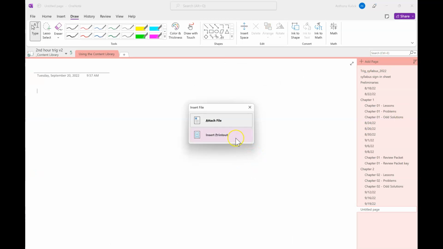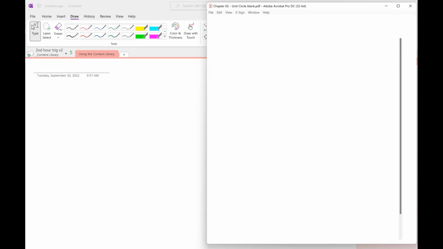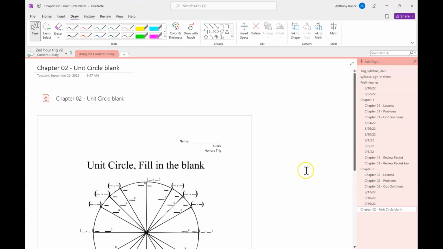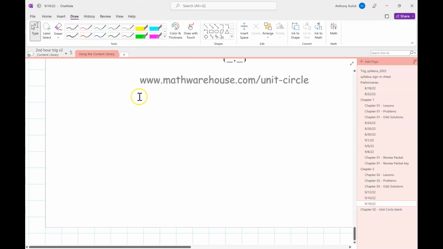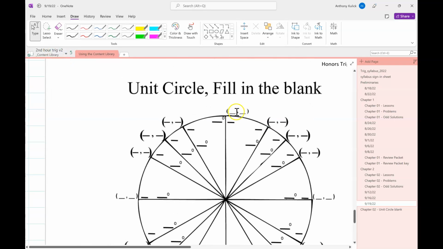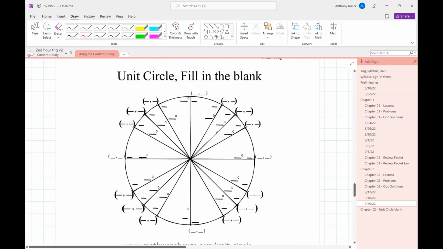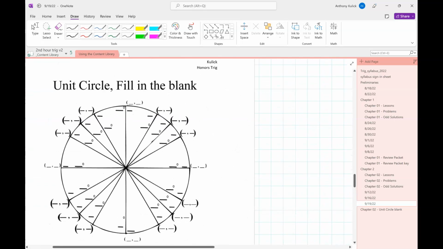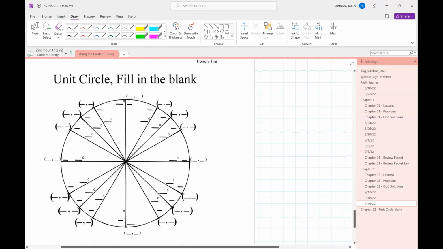So I'm going to drop one of these blank ones that we're going to fill out together into OneNote. If you are in OneNote and want to follow along, I'm syncing that now, so that should be coming through in just a few minutes.